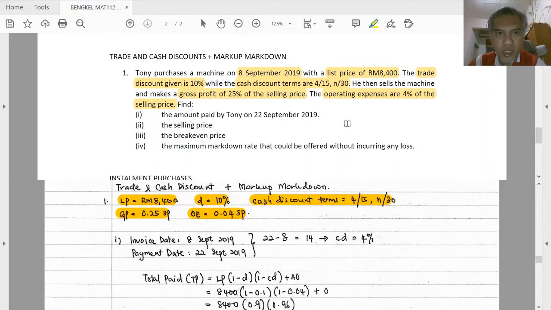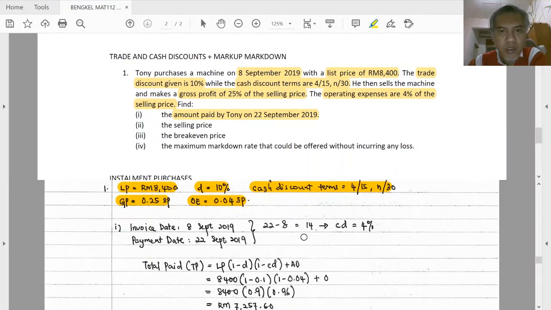So the first question asks you to find the amount paid by Tony on the 22nd of September. Since this is a combination of a trade discount problem with markup and markdown or retailing mathematics, in order to identify the amount paid by Tony on the 22nd September 2019, the first thing that you need to do is to identify whether Tony is entitled to any cash discount or not.